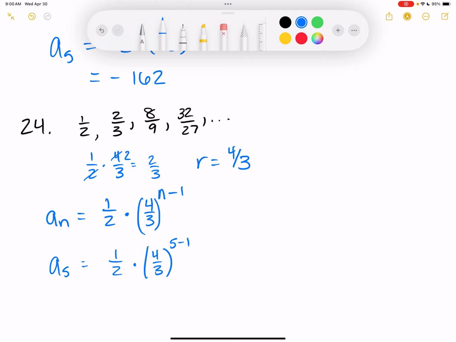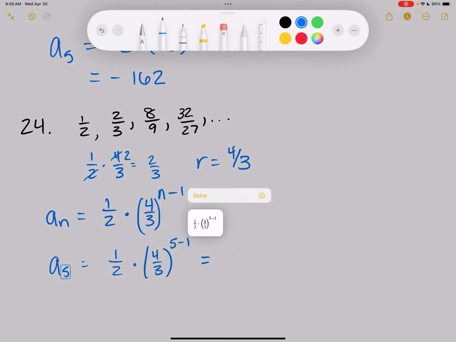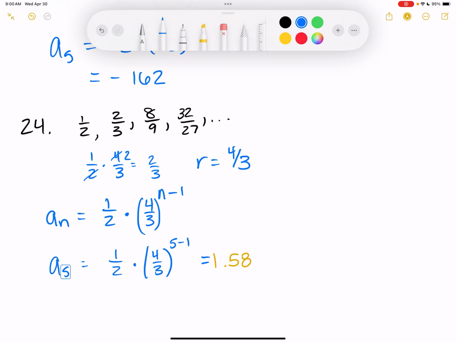My calculator puts it in a decimal, but I think I've showed you before, under math, there's a button that looks like this.